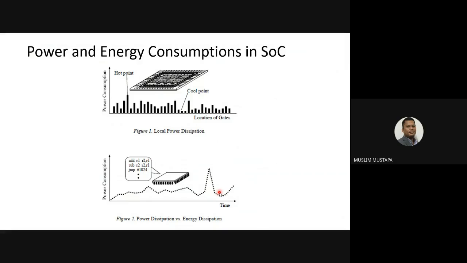These manufacturers are really concerned about power because they want to optimize the battery usage so that the user can feel great about their device.